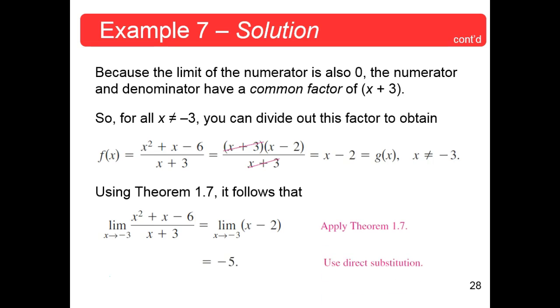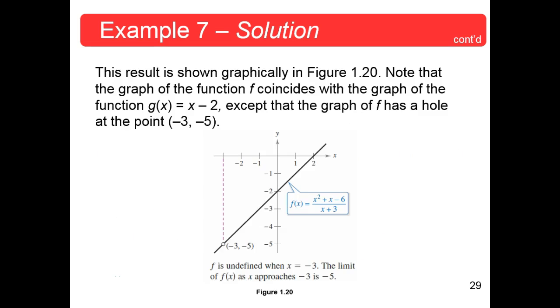I think we did all that a little bit shorter, though. Make sense? And you can do the graph if you want to. You know you can't have a value x equal negative 3. That's not defined. Everywhere else, this is the line x minus 2.